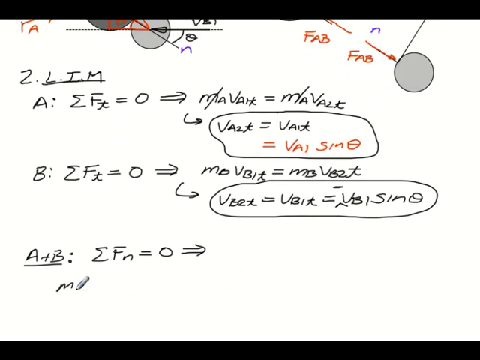So that says that MA VA1N plus MB VB1N, that's the normal component of the momentum before, is equal to the normal component of the momentum after impact. So the right-hand side is like the left-hand side, except it's for after impact.